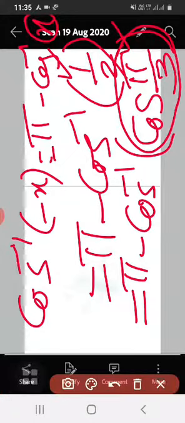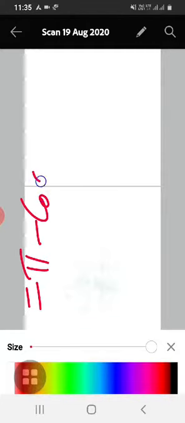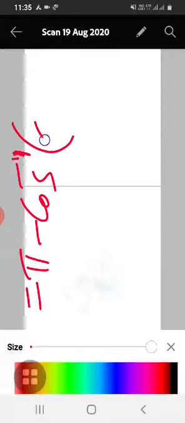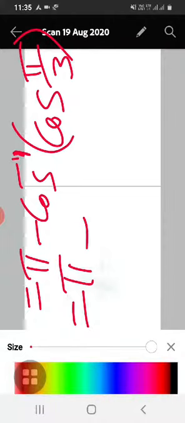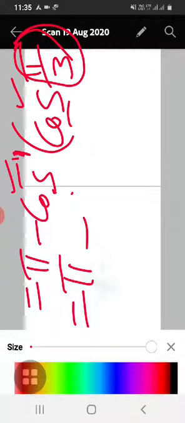So I will consider the next step. What I have written is pi minus cos inverse of cos pi by 3. Now I will write this pi as it is, pi minus. Cos inverse of cos theta, I will write only the angle because both are the same.